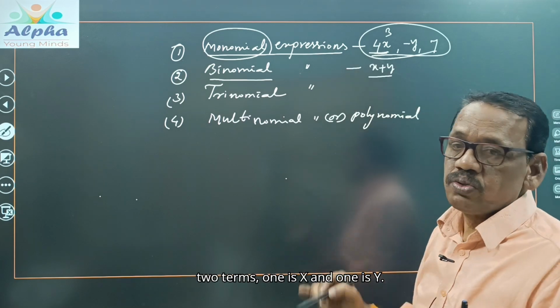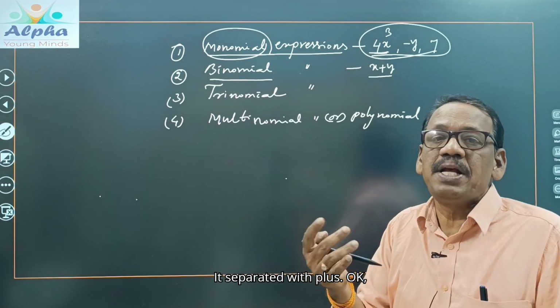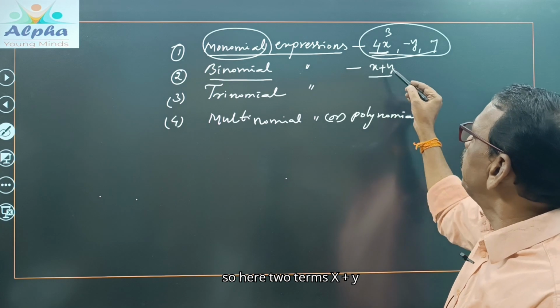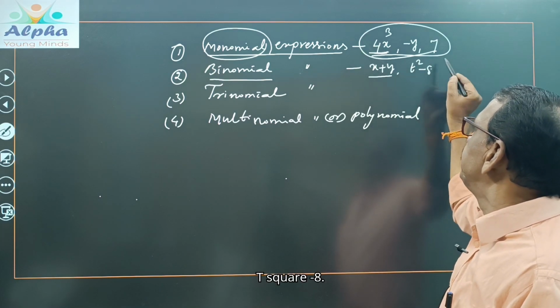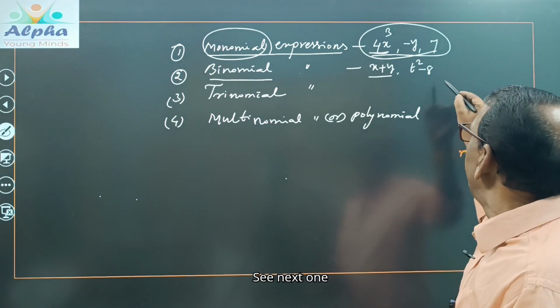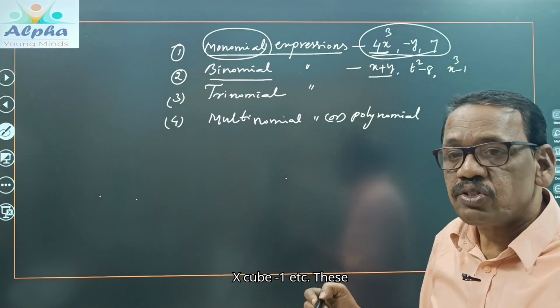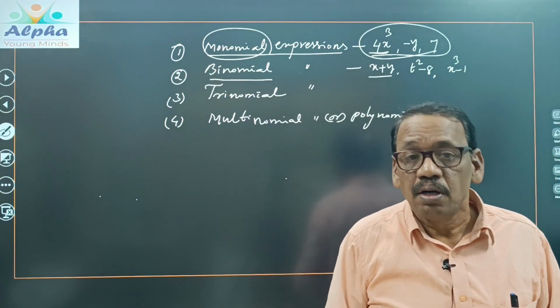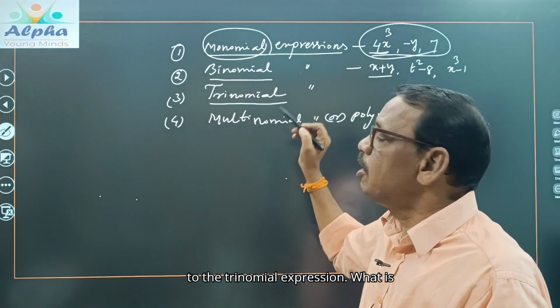Here two terms, one is x and one is y, separated with plus. Okay, so here two terms. Then t square minus 8. Next one, x cube minus 1, etc. These all are binomial expressions.